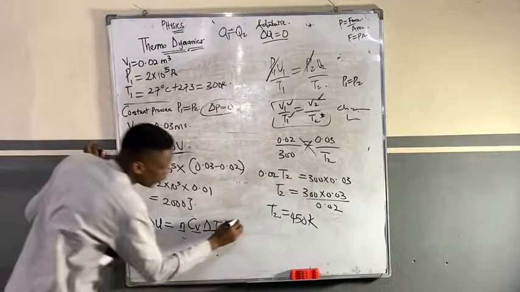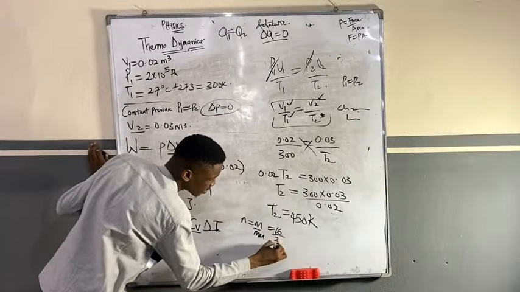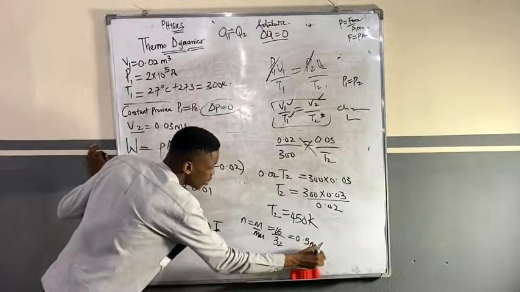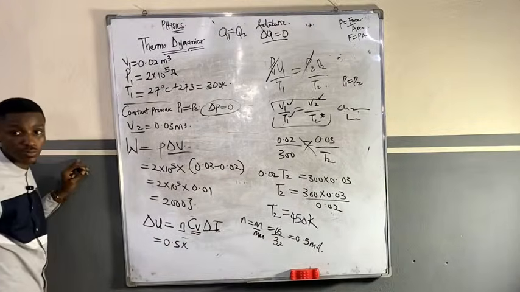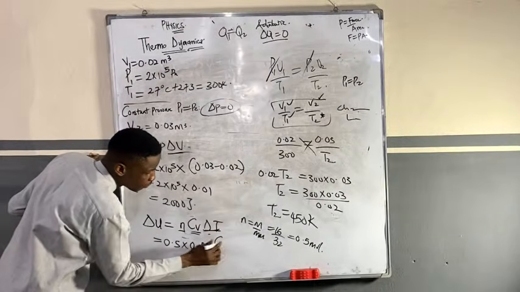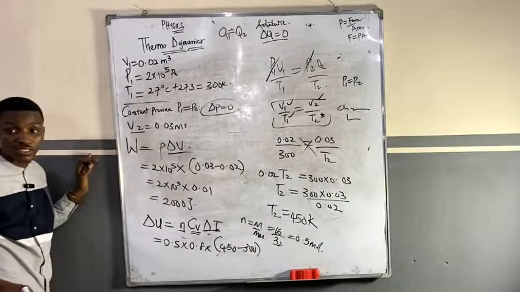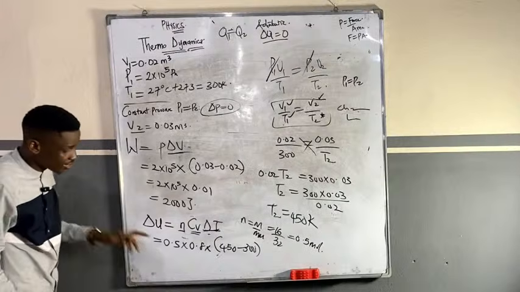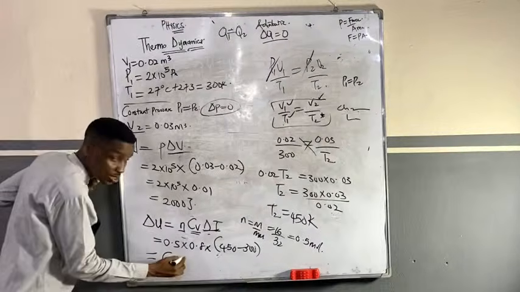Observe here, we said that number of moles is what? Mass over molar mass. What was the mass? 16. What was the molar mass? When you divide, what is that? 0.5 moles. So when you bring it to this formula, 0.5, what was your Cv? 0.8. What is your change in T? 450 minus 300. That is 150, right? So 0.5 times 0.8 times 150 is what? 60 what?